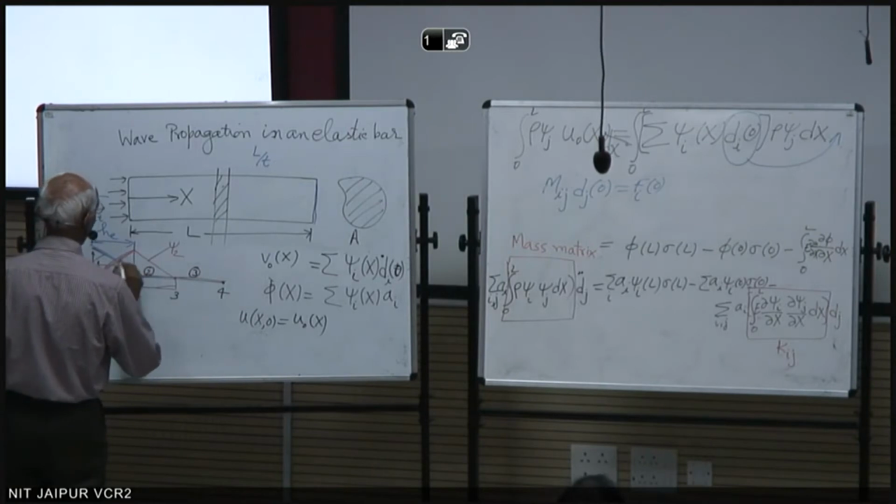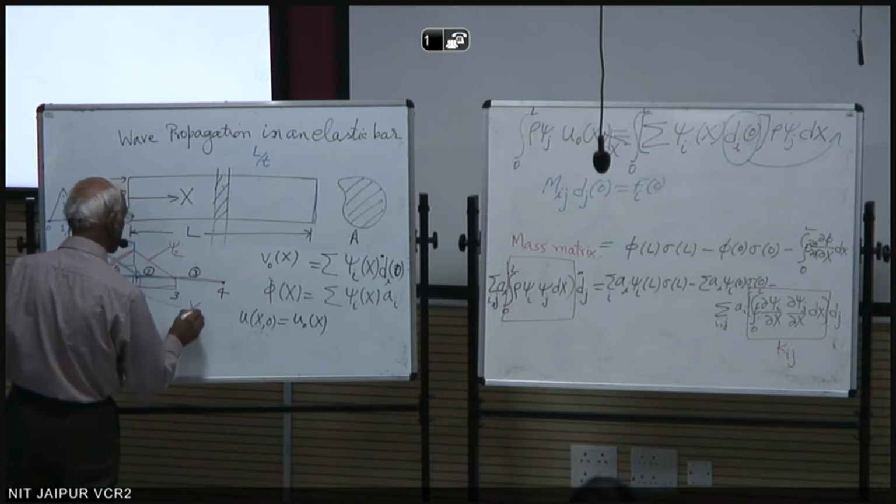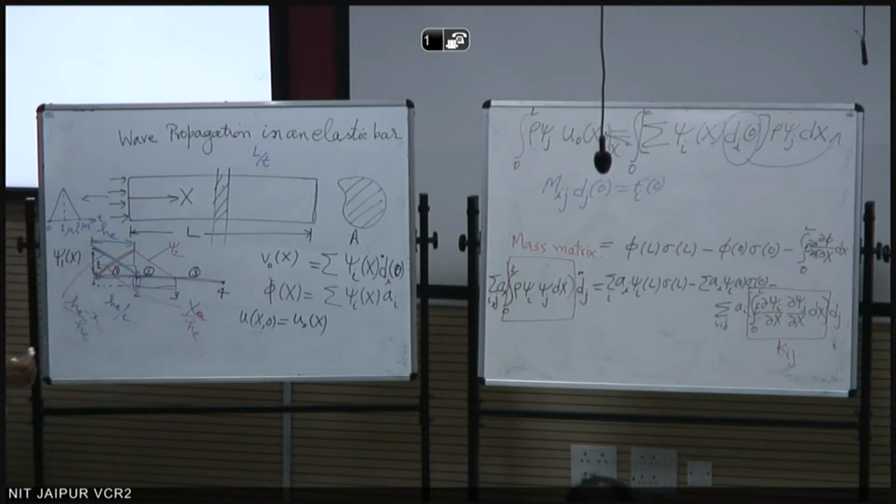This one is X over HE. When X is 0, it is 0, and when X is HE, it is 1.